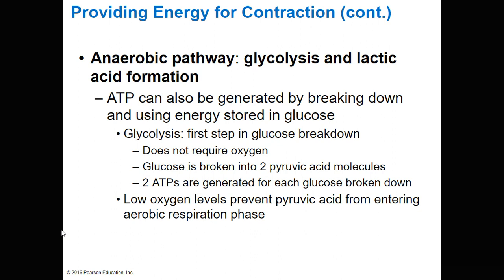All right, so this is just going into more detail on what I talked about. Normally, pyruvate enters the mitochondria to start aerobic respiration, but at high intensity activity, the oxygen is not available. And again, you can't do aerobic respiration without oxygen because oxygen is the final electron acceptor. And when it accepts the electron, it becomes water.